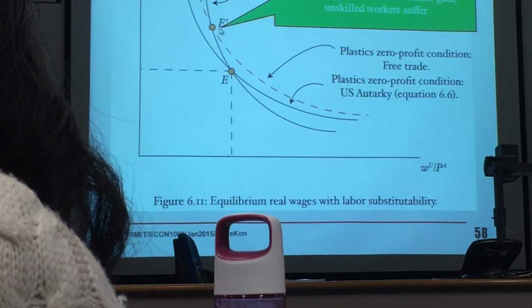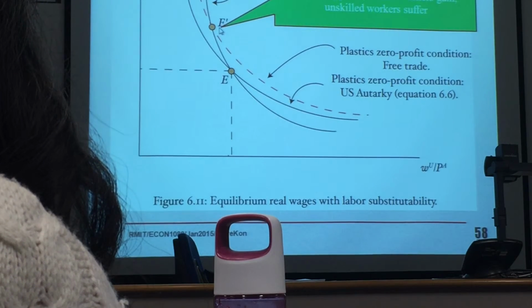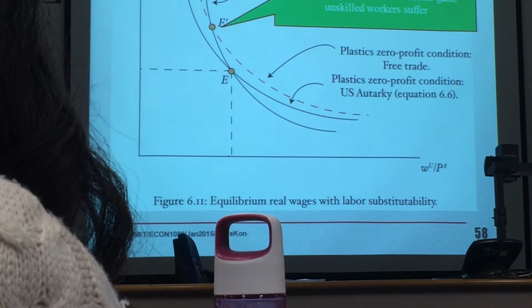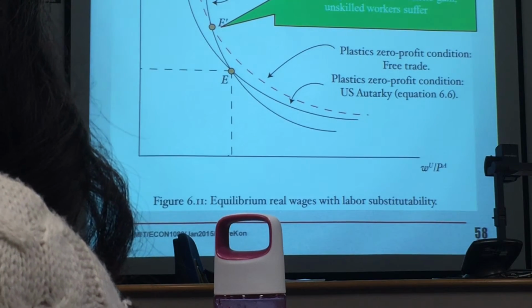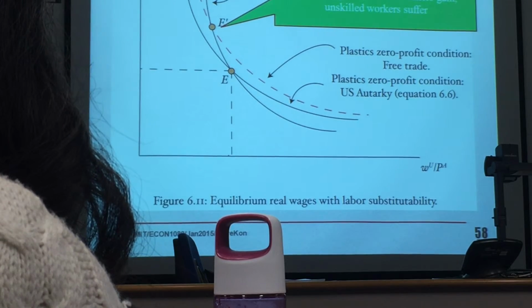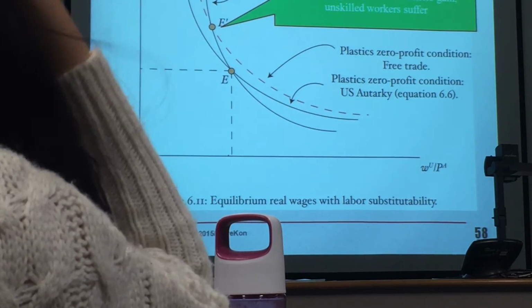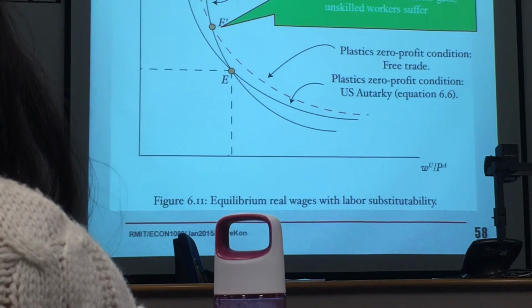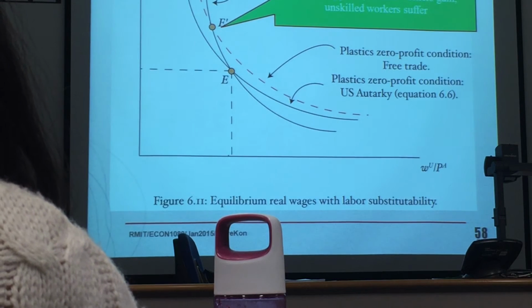Same conclusion. Okay, skilled workers gain, unskilled workers suffer. So it's quite consistent. Right, the outcome of trade tells us it will benefit one type of worker, right, and you actually worsen the other type of workers.